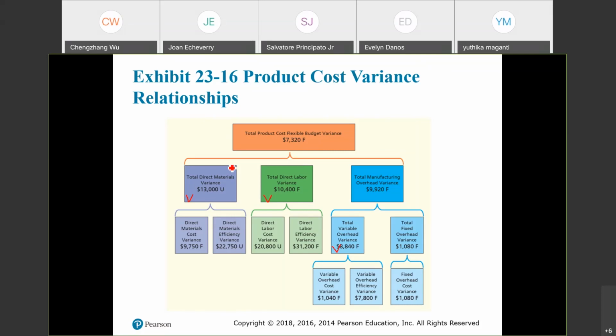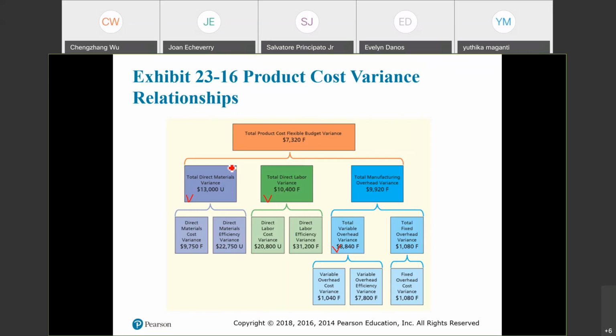Okay, let's continue. I just explained the variances and the causes of these variances. Let's take a look at these three parts: the variable part, total direct material, total direct labor, plus total variable overhead variance. These three parts are pretty much similar because the variances of these three parts result from two causes.